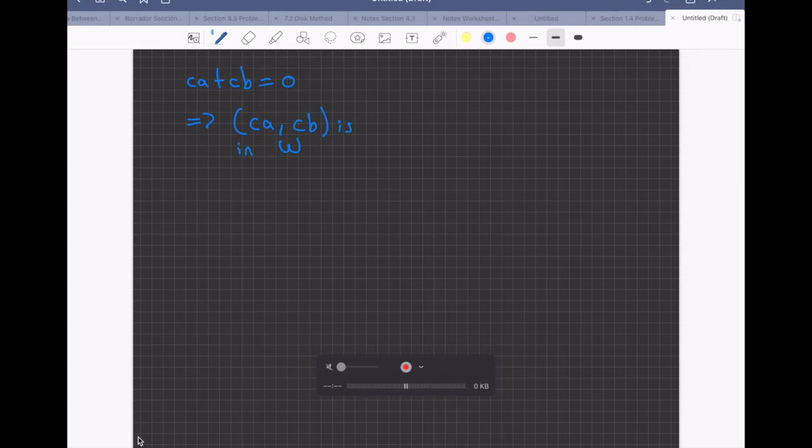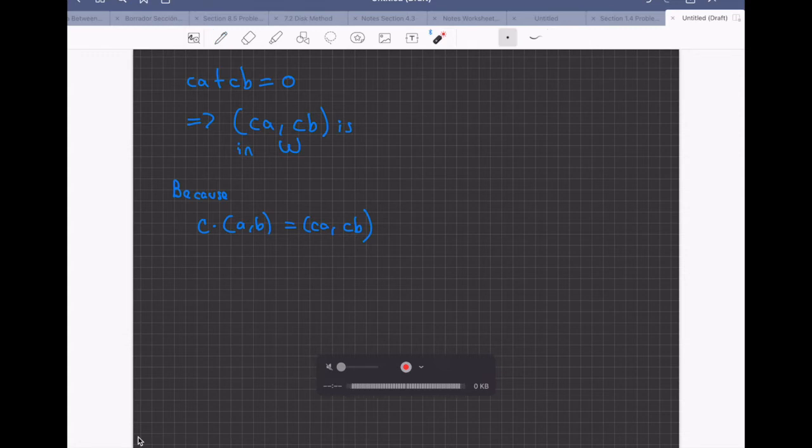Because C times A, B is equal to, remember, the scalar multiplication is only multiply this times this and this times this. So this is CA, comma, CB. So this proves what?